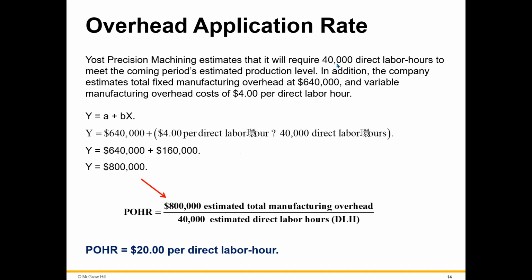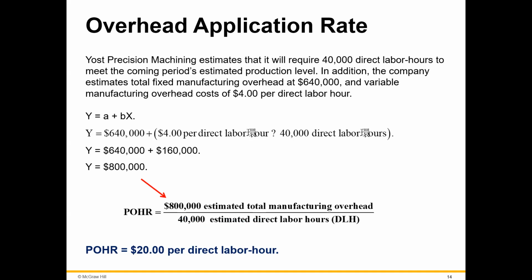The 40,000 is your total estimated cost driver or allocation base. So we have $800,000 estimated total manufacturing overhead divided again by the 40,000 estimated hours. So you get $20 per direct labor hour. That's your predetermined or estimated overhead rate. You apply this $20 rate to any job you finish in the coming year.